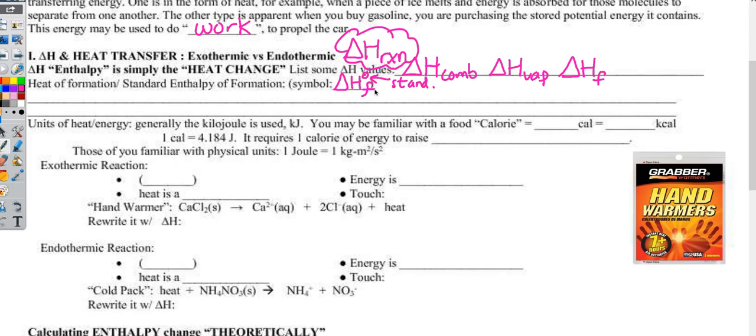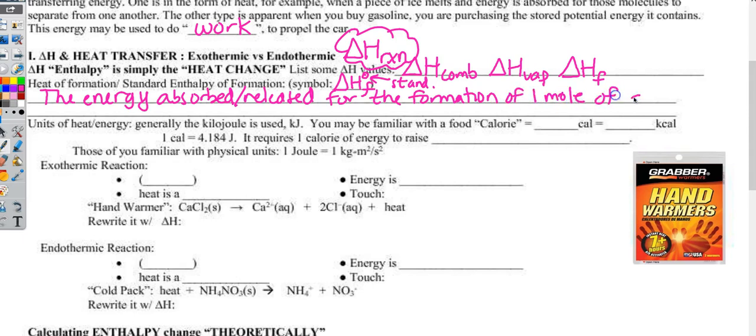So what is this heat of formation? It is simply the energy, and it can be a positive or a negative value. Positive means it's absorbing energy, and negative means it's releasing. So it's the energy absorbed or released for forming a mole of the substance. For the formation of 1 mole, so we have to be specific, of a substance from what?